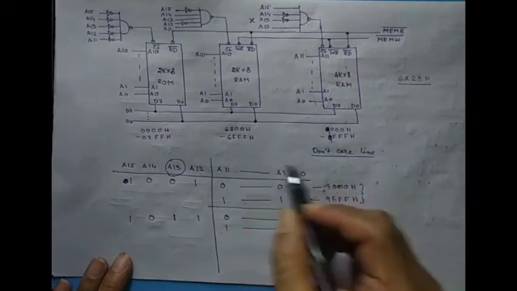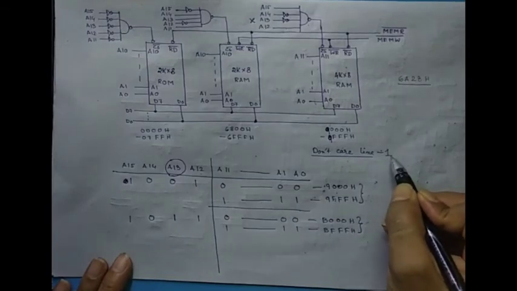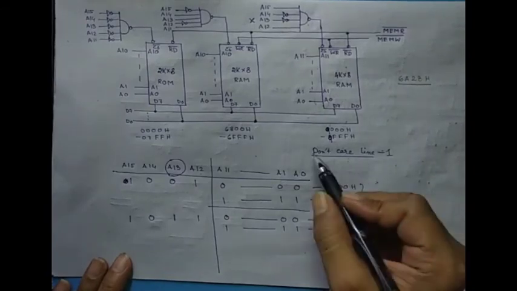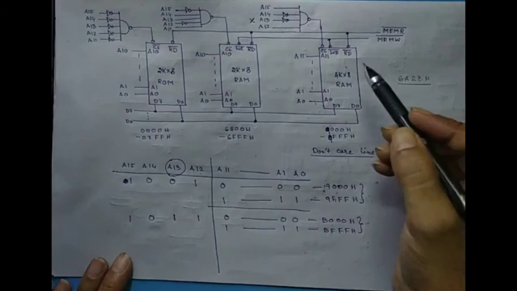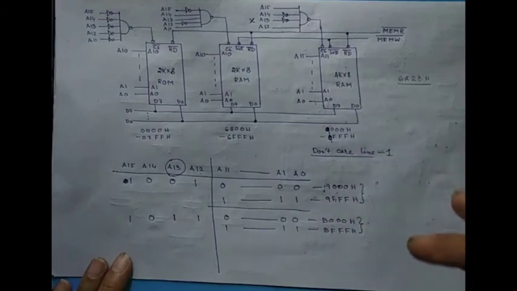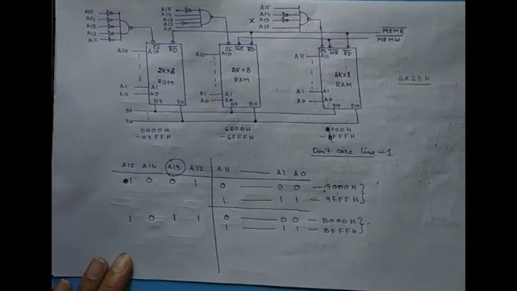So we have seen that if I do not use one single address line, that means if in my circuitry one address line is a don't care line, then the memory device will get two address ranges assigned to it. In other words, each memory location present in this device will get two addresses.